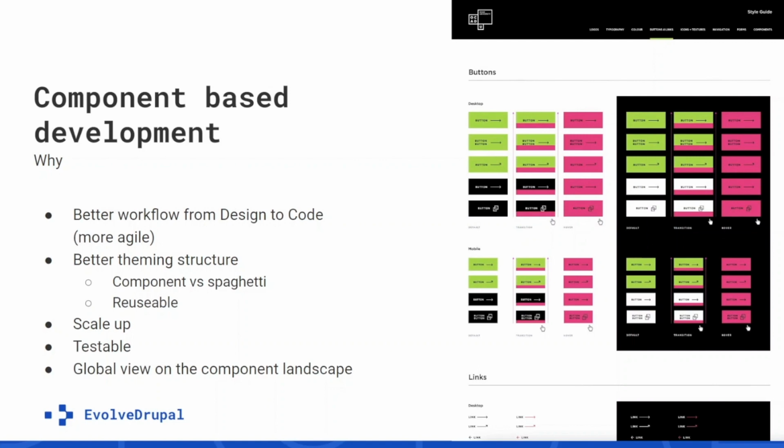Before, we were styling by modifying the paragraph template, but now everything is self-contained in one component, and we can test that exact component in isolation, which is much more efficient and reusable.